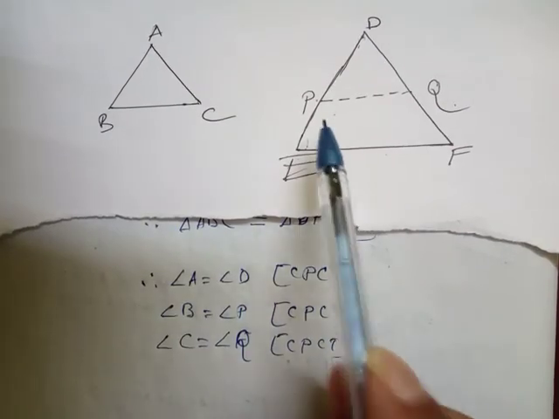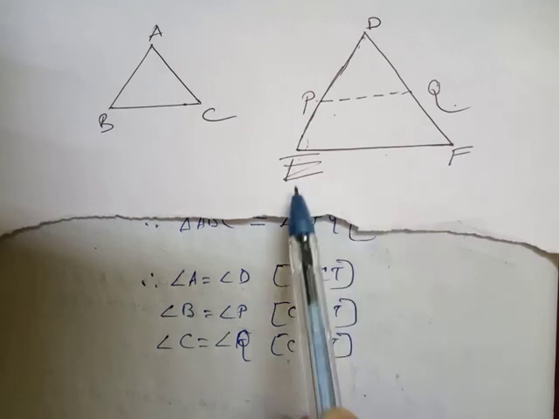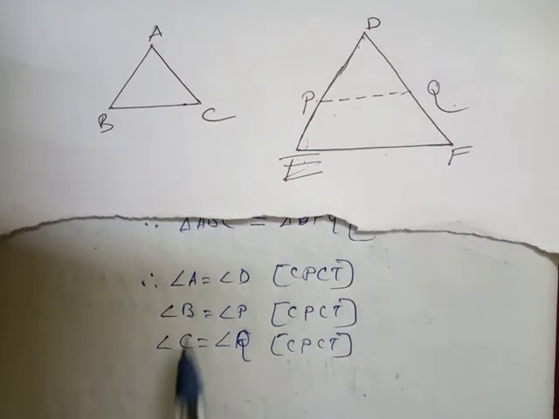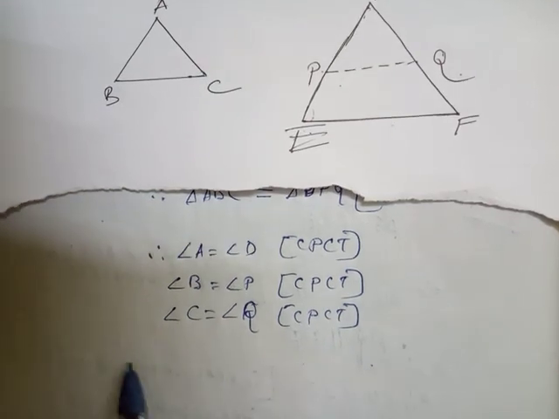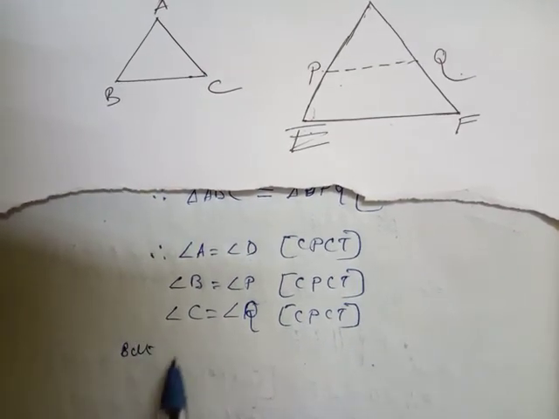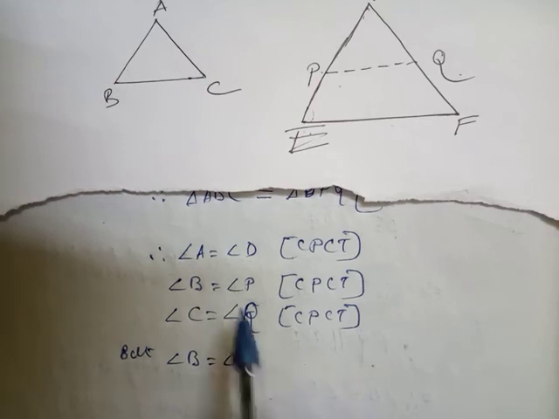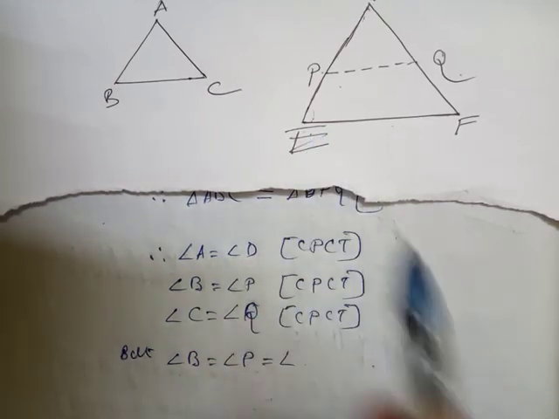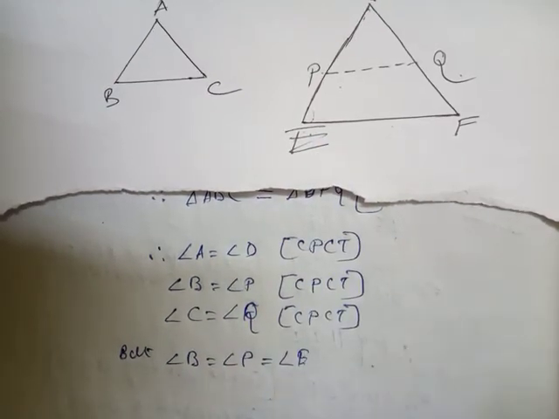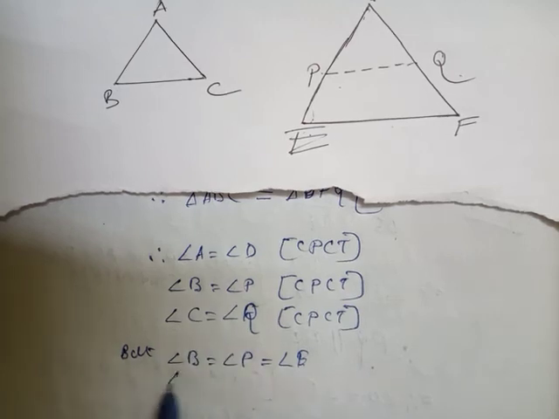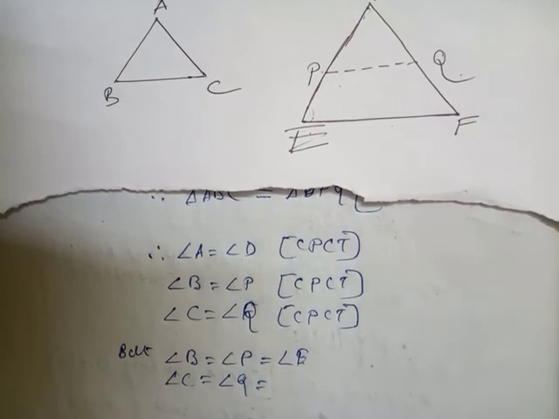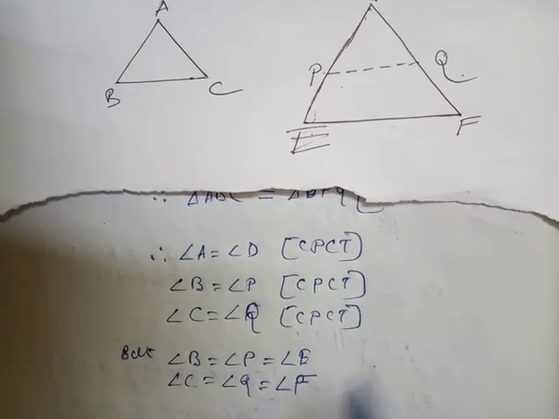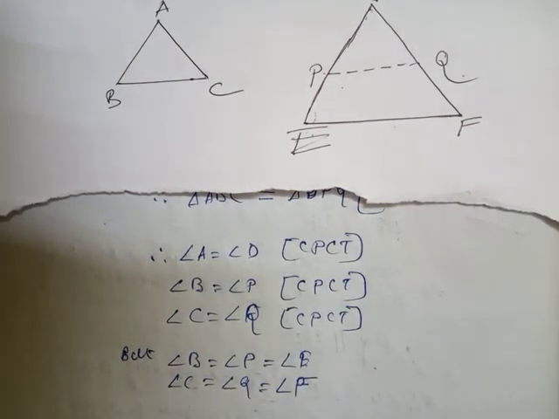But in the diagram, P equal to E means corresponding angles. So in place of B, angle B equal to angle P, but P equal to E, corresponding angles. And here angle C equal to angle Q, obviously CPCT, but Q is equal to F, corresponding angles. Already you have used this part in this theorem.